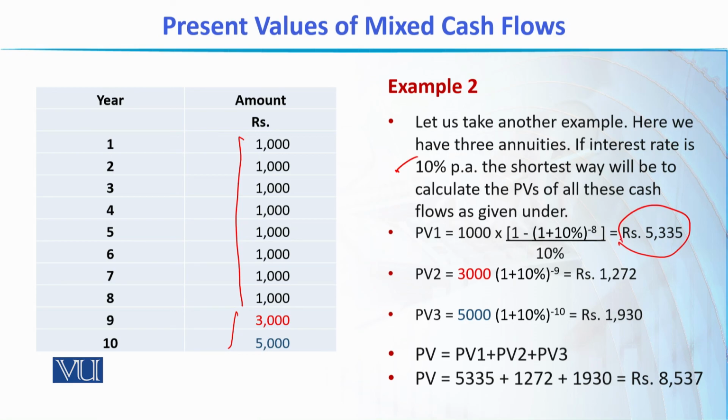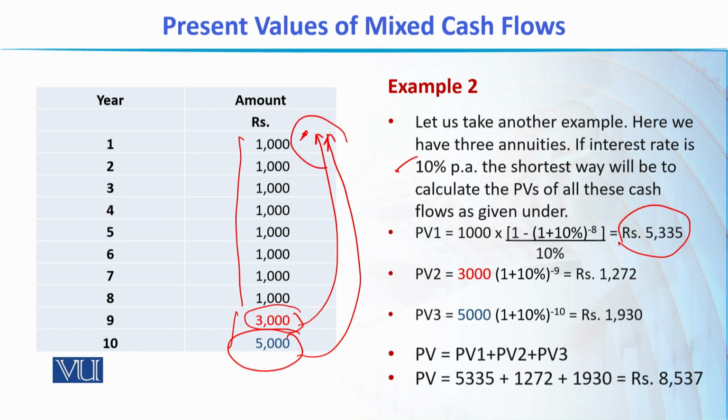इस आंसर को हमें मज़ीद कुछ करने की ज़रूरत नहीं है, क्योंकि ये आंसर ऑलरेडी एट द स्टार्ट ऑफ ईयर 1 है, यानी ये प्रेजेंट वैल्यू ही है. If we have a look at the last two amounts, ये individual single amounts हैं, तो one by one इसकी present value निकाल के हम 0 पॉइंट पर लेकर आएंगे. 5000 की present value 0 पॉइंट के ऊपर लेकर आएंगे और फिर इन तीनों वैल्यूज को सम अप करके हम इस मिक्स्ड कैश फ्लो की टोटल प्रेजेंट वैल्यू निकालेंगे.